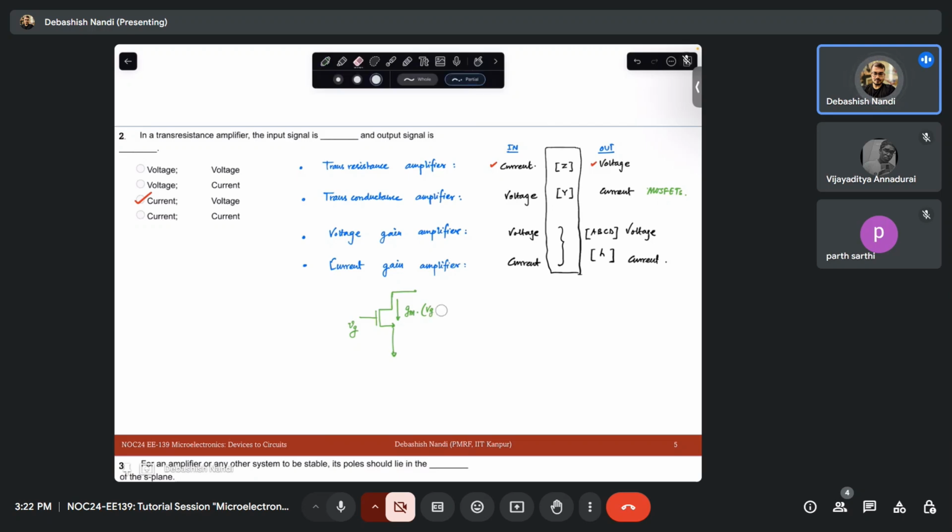In this case, VS is 0. So GM times VG. So output is current. Input is voltage. And the key defining parameter GM is your transconductance. Okay. This is your ID that is flowing.